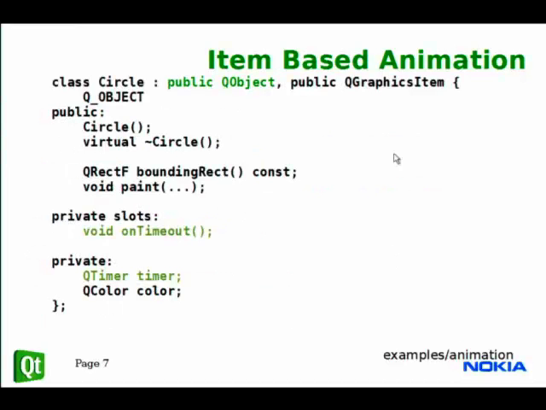So here's how we animated the circle, the one that was changing colors. It derives from QObject first because you have to. If you've ever done multiple inheritance with Qt, the first base class has to be QObject, and you cannot multiply inherit from it either. And we have our one slot called onTimeout.